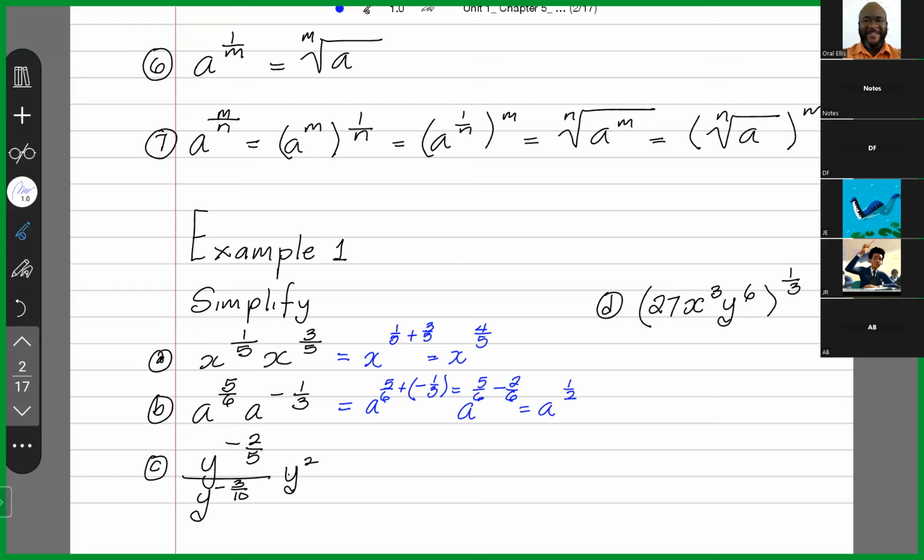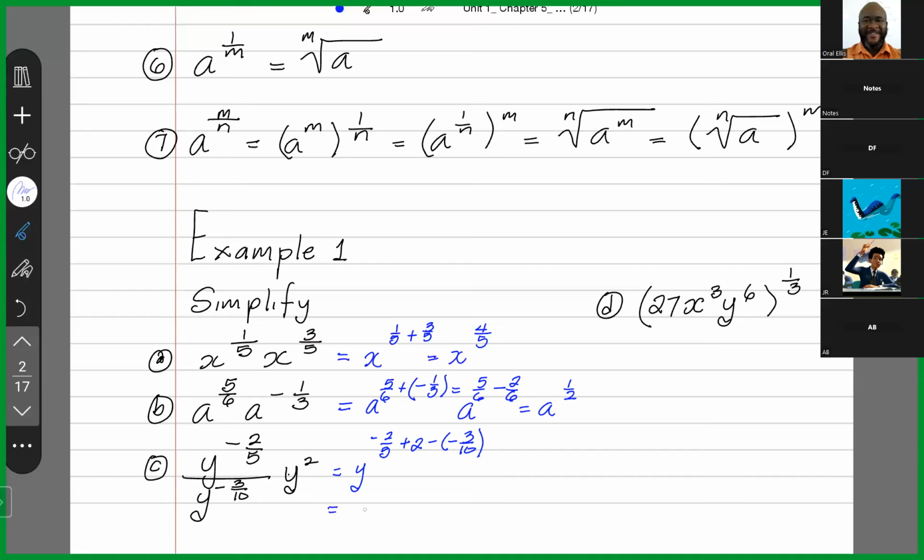Now we're multiplying and dividing. So this is going to be equal to y to the minus 2/5 plus 2 minus 3/10. The subtraction is because whenever you're dividing and the base is the same, you must subtract the indices. So we're subtracting minus 3/10, which works out to be positive 3/10.